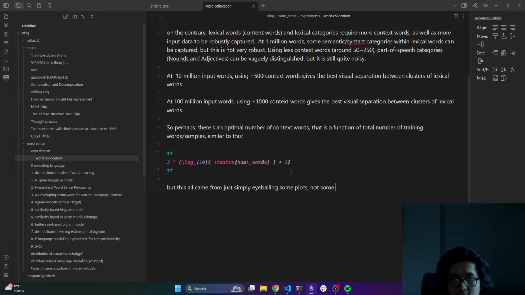Not some proven, fact-driven, not some rigorously proven law.